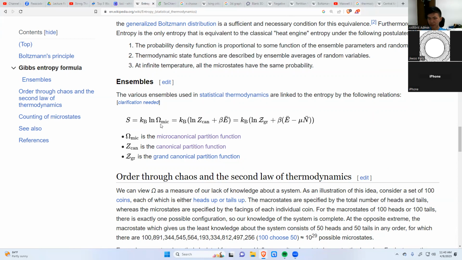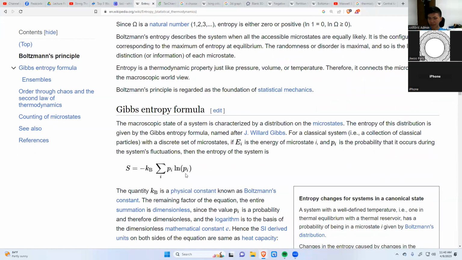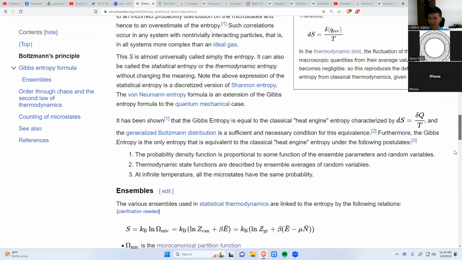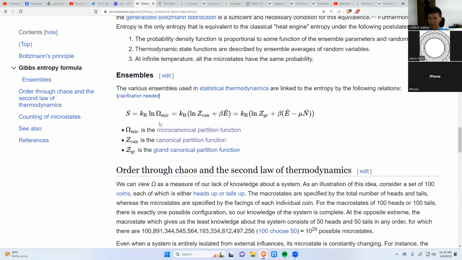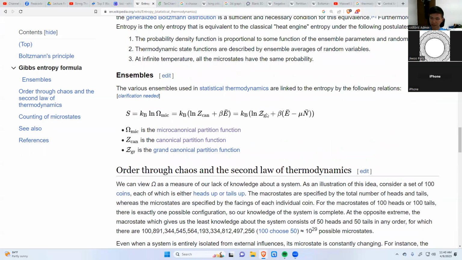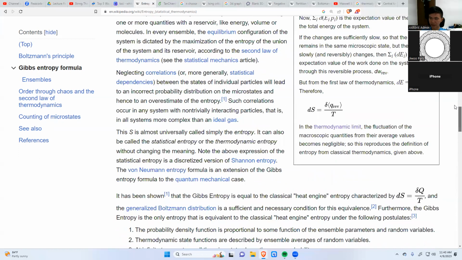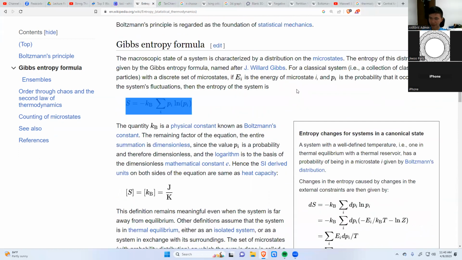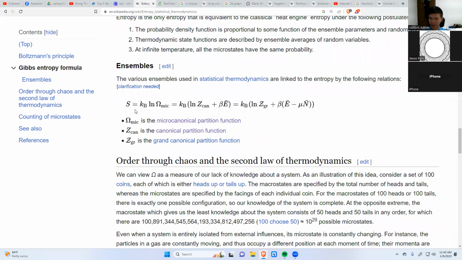So the k ln omega, that was what we'll get if we applied the Gibbs entropy formula to the microcanonical ensemble. Yeah, I see. Okay, that makes a lot of sense. So the Gibbs entropy is the mother of all formulas for all the entropies. If I'm remembering this as the definition, then, yeah, there was a box.